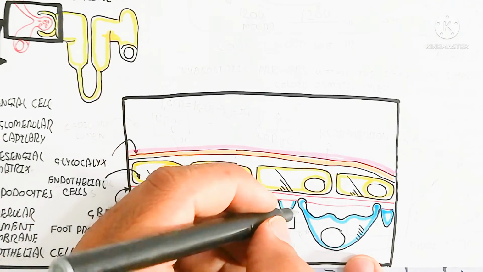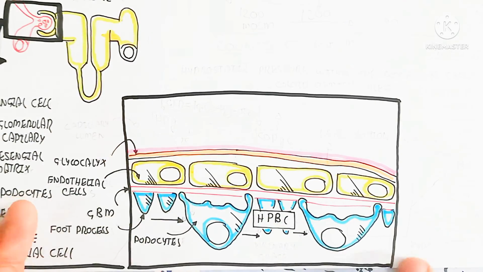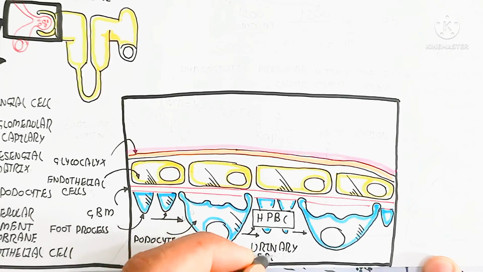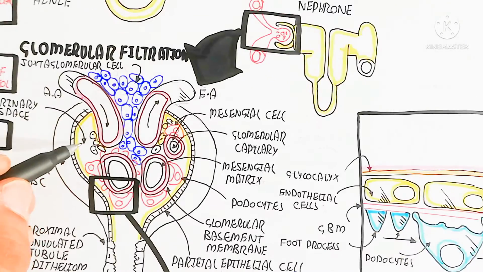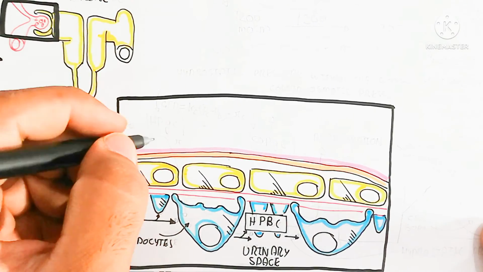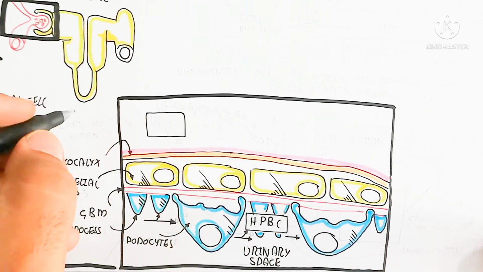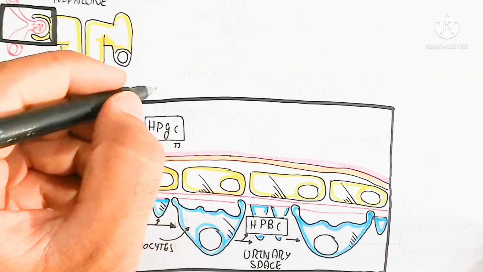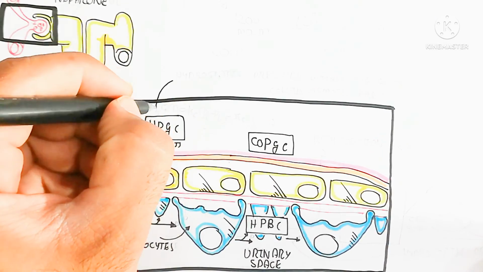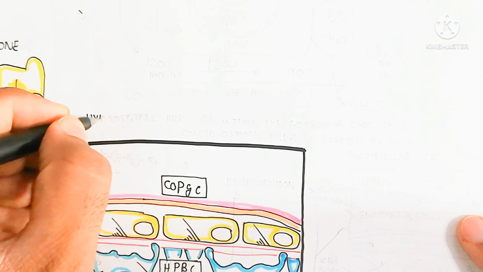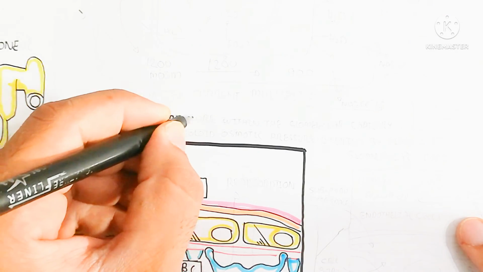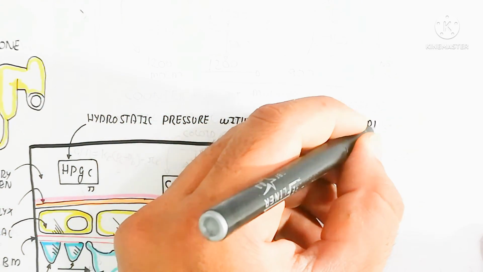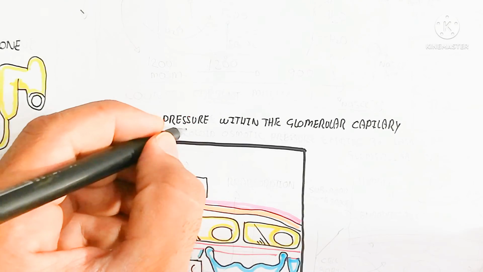Here you can see the hydrostatic pressure within the Bowman's capsule, and this is the foot processes of a podocyte, which produce the slit diaphragm. This is the urinary space, and this is the hydrostatic pressure within the glomerular capillary.